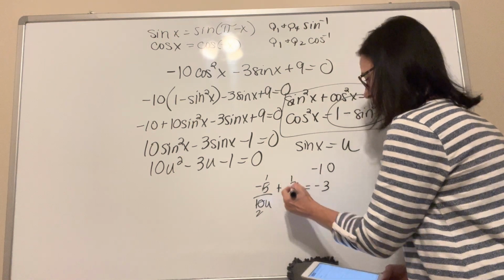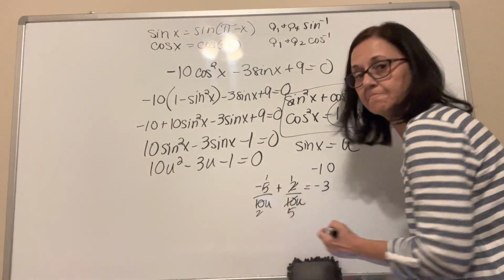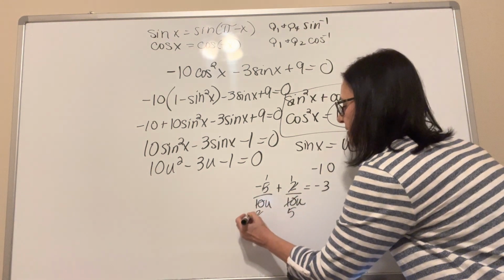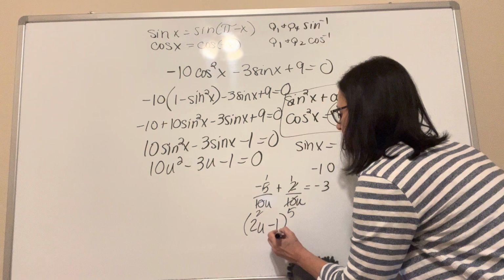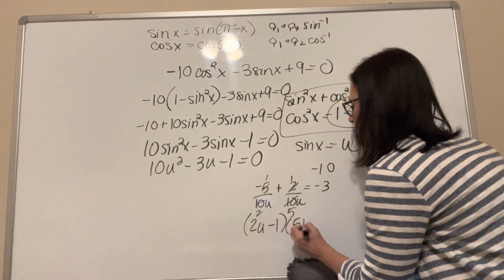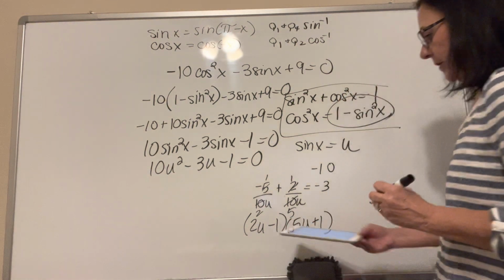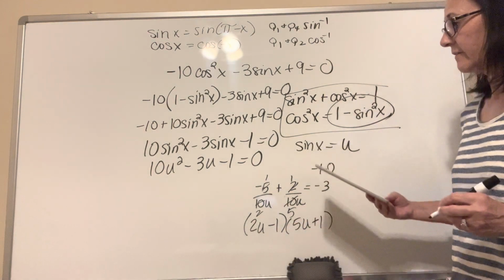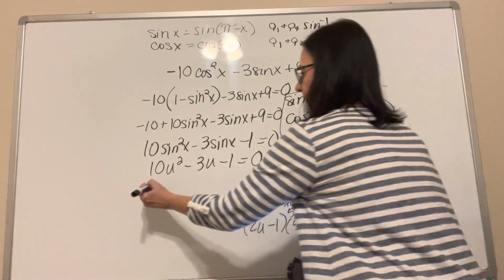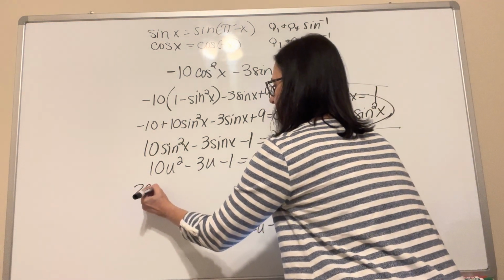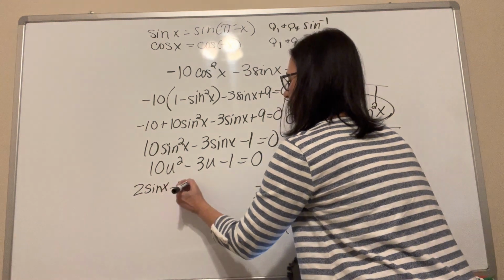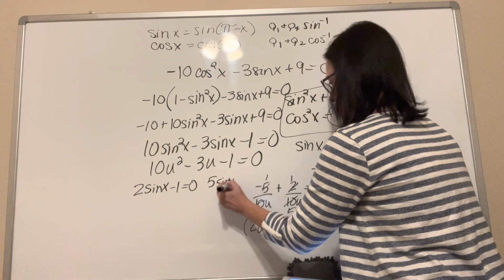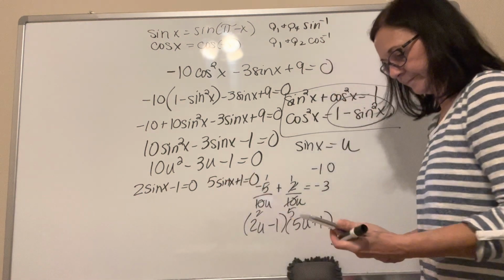This becomes 1, this becomes 5. You with me? This is factoring back from algebra 2. So we have 2u minus 1 times 5u plus 1. That's my factors. Now for u, I'm going to go back and substitute in the sine of x and set them equal to 0. So I have 2 sine of x minus 1 equals 0, and then I have 5 sine of x plus 1 equals 0.